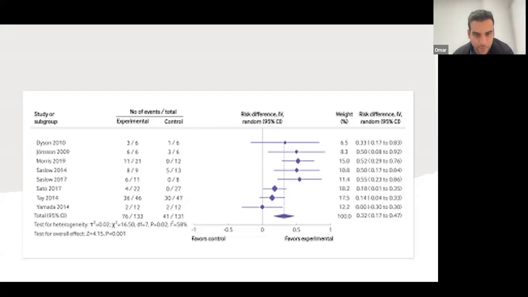Okay, so here on the left side you've got the study group, the number of events over total for experimental and control, and then your risk difference. You've got your weight, and your risk difference here as well. This favors experimental, this favors control, and I can read out any of this, such as the test of overall effect.